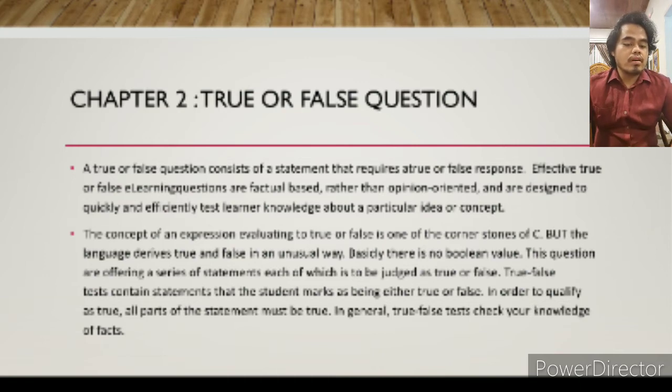These questions offer a series of statements, each of which is to be judged as true or false. So the true or false test contains statements that the student marks as being either true or false. In order to qualify as true, all parts of the statement must be true. In general, true or false tests check your knowledge of facts.